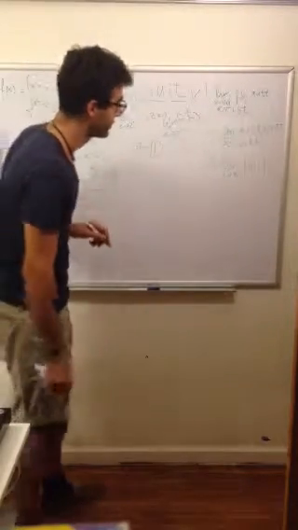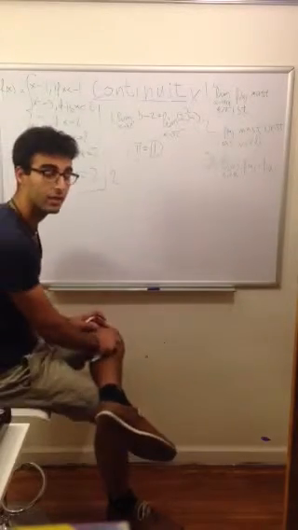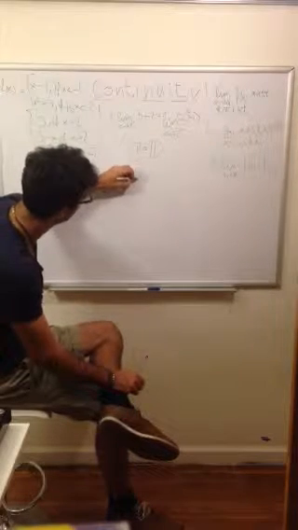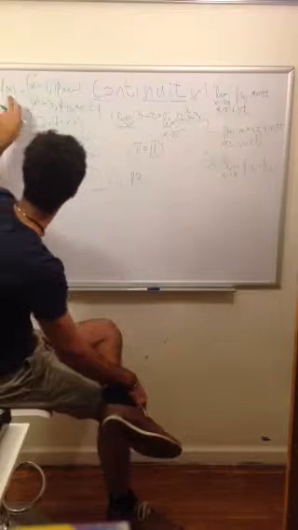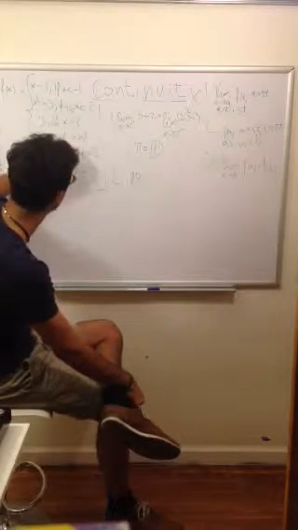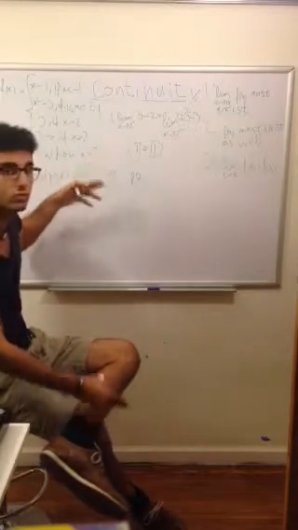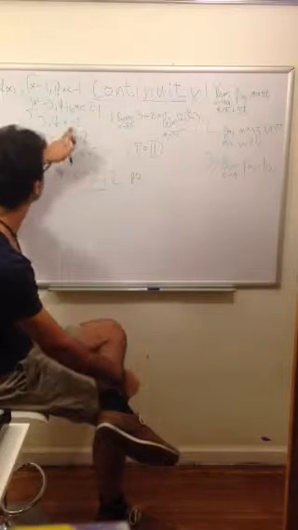Second condition, sorry. Our f of a must exist. So what is our a? It's 2, right? So f of 2 must exist, which is here, f of x. So f of 2, exactly at that point, x equals 2, should be this one.